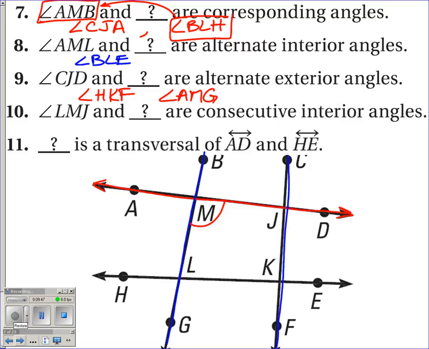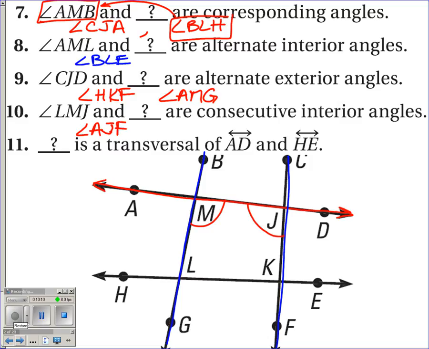So the other angle has to be on the same side, and in between, that's over here. And so I'd say that's angle AJF. So angle AJF is one possibility. And that's supposed to be an F, not an E. Angle AJF. That's the first one.